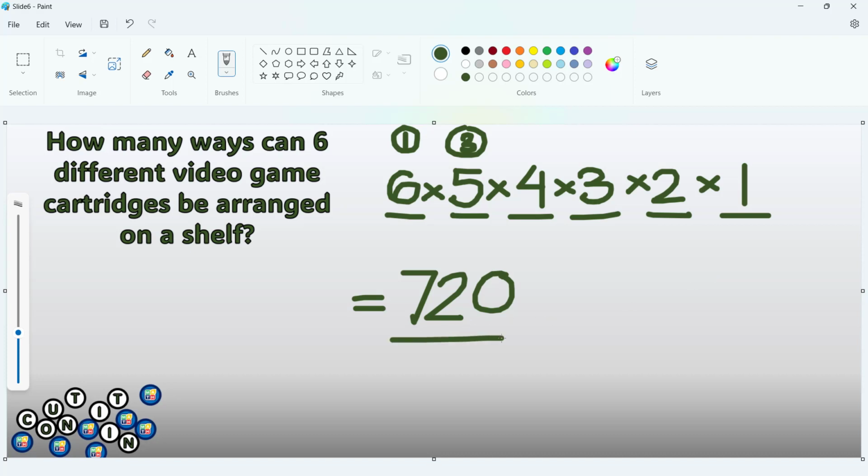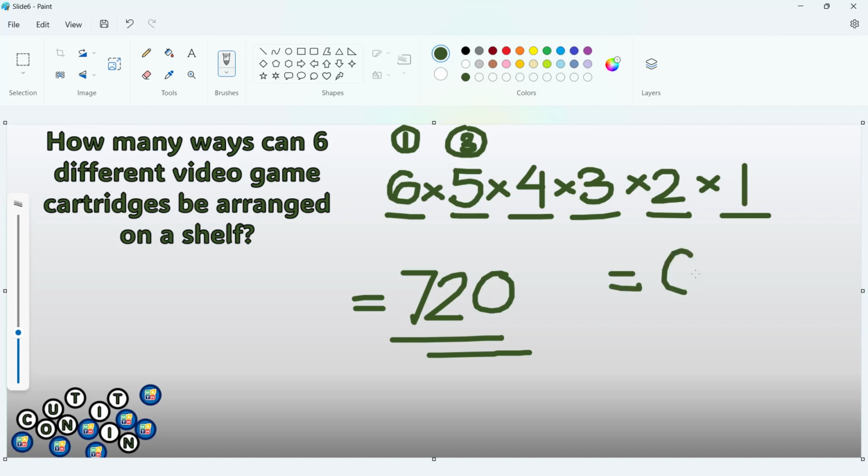This is the answer. Before we end this situation, let's understand this important notation that we can use especially for this type of situation that involves no repetition of objects in specific placements. This product of 6, 5, 4, 3, 2, 1 can be rewritten in this manner.